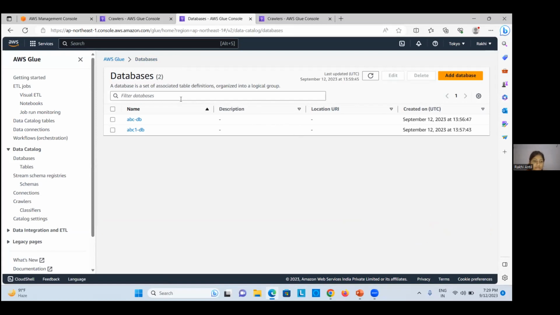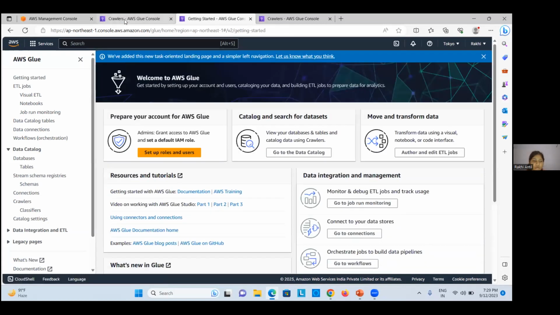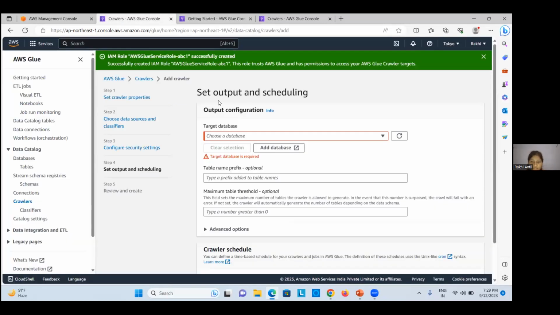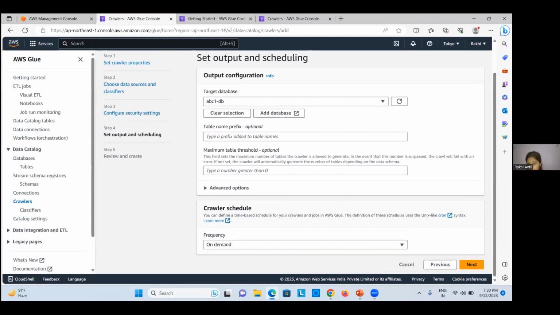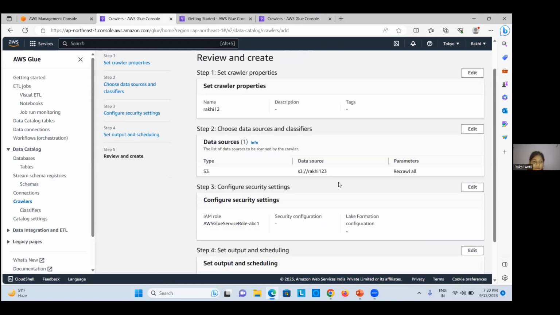So our database is successfully created. Then click on next. The fifth step is review and create.